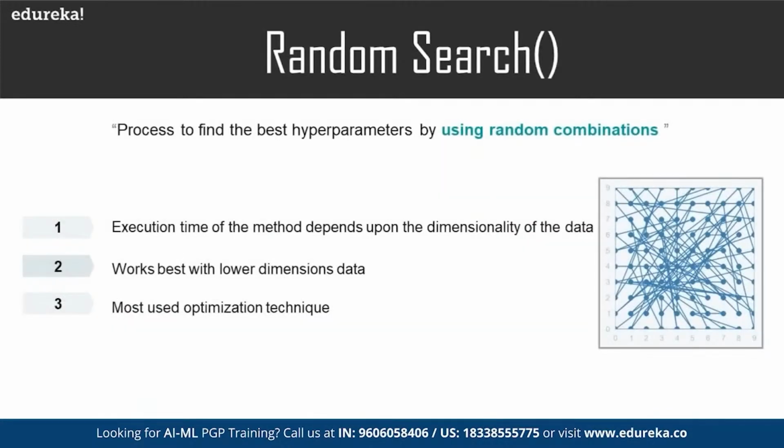Again, the execution time of such a method depends upon the dimensionality of the data. We may have 3D data, or maybe different data dimensions here. Usually this type of method works with lower-dimension data, which is the 2D case.